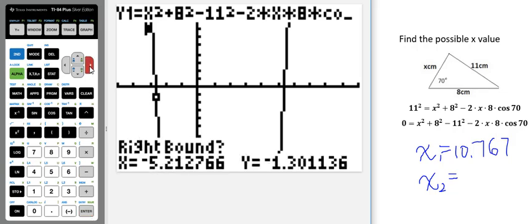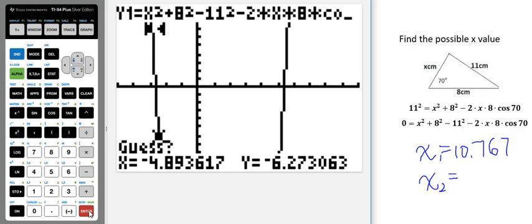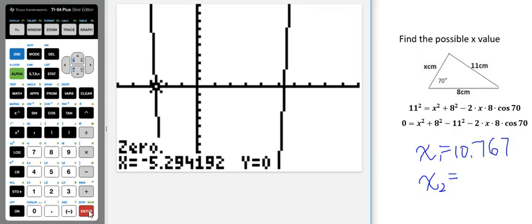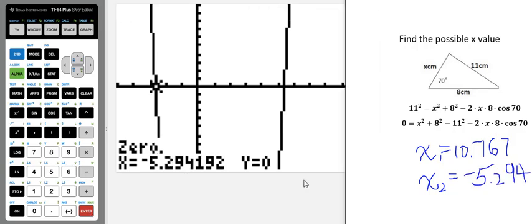Right bound, that's on the right side of this 0. Enter. So we got x2 equals -5.294. We have only one solution for this problem. That's x1 equals 10.767 centimeters for x.